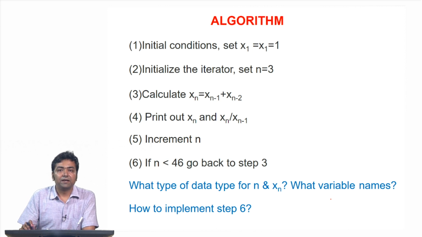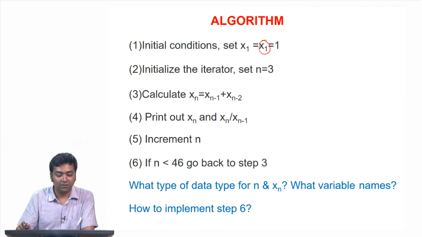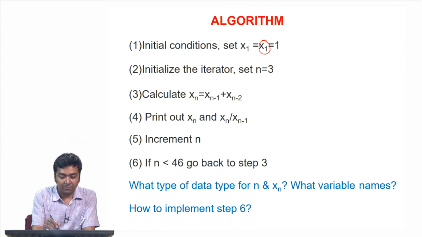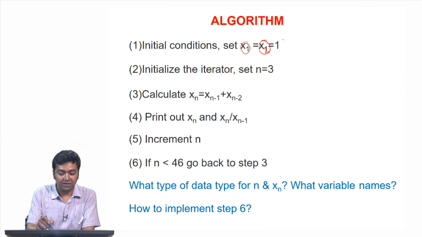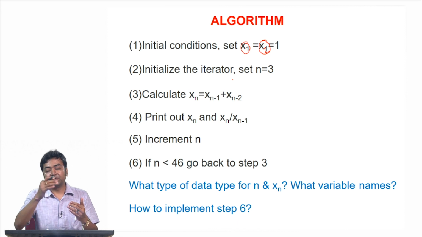We will set the initial condition, that is, x1 equals 1 and x2 is also equal to 1, which is the initial condition. Then we initialize the iterator, because to generate the third number we need to use x1 and x2.